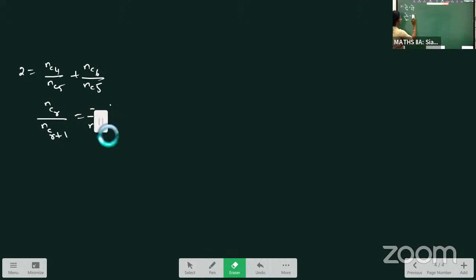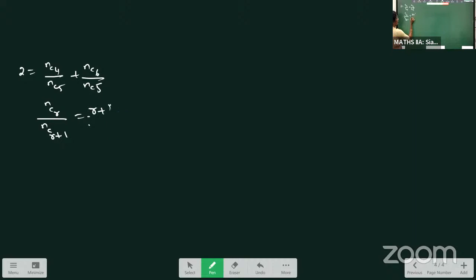Apply the nCr formula. Otherwise, there is one more property: nCr / nC(r+1) equals (r+1)/(n−r). This is the formula if it is in a format like this.